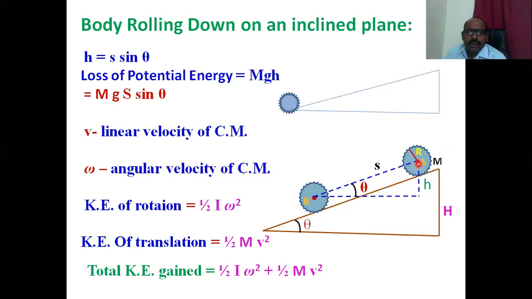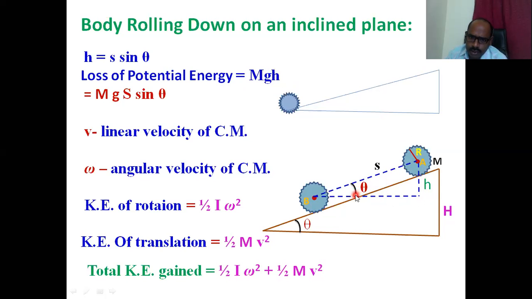From this, as the height is reduced, its potential energy also decreases. So the decrease in potential energy is mgh. This much energy decreases for that body compared to when it was at point A. We are observing one right-angled triangle shown in blue dotted lines.